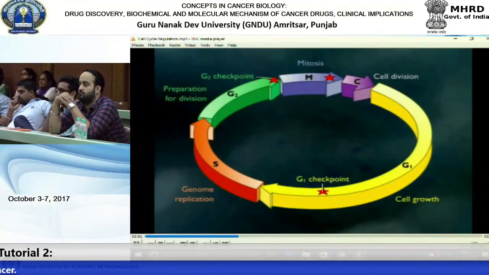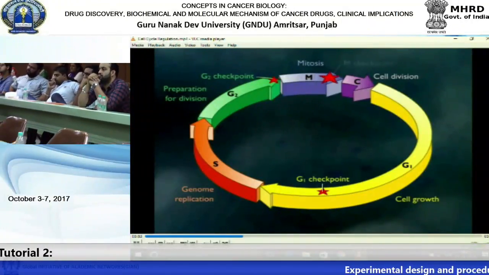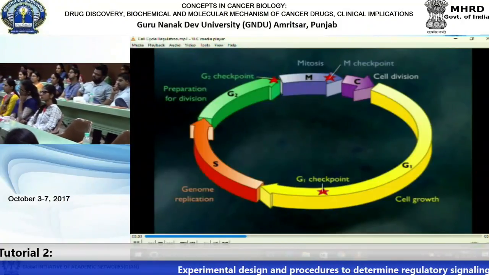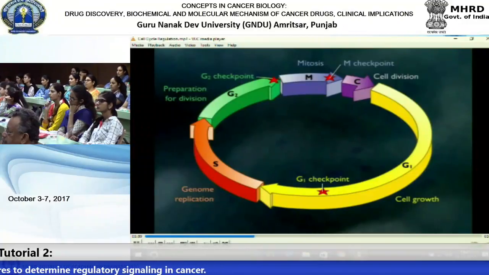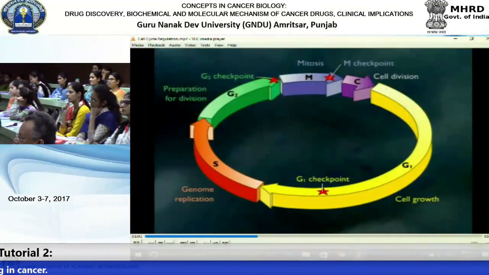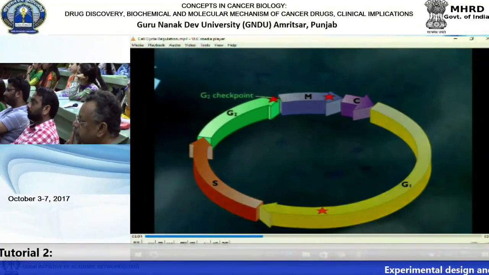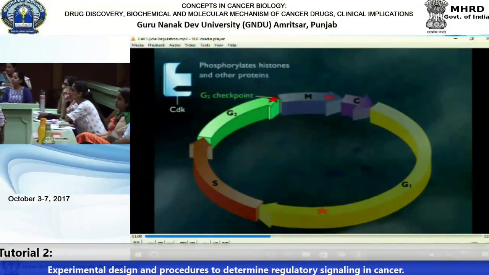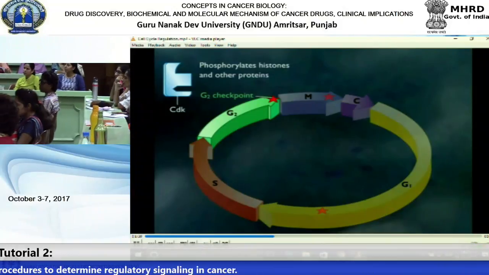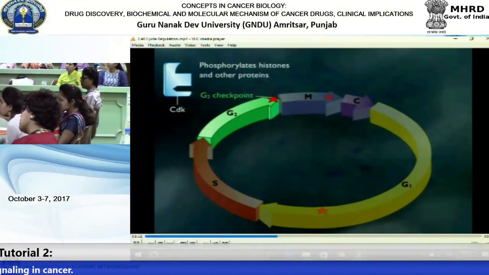The accuracy of mitosis is assessed at the M checkpoint. This checkpoint occurs during metaphase and triggers the exit from mitosis and cytokinesis and the beginning of G1. At the G2 checkpoint, cyclin-dependent kinases, CDKs, phosphorylate histones and proteins that carry the cycle past the checkpoint into mitosis.